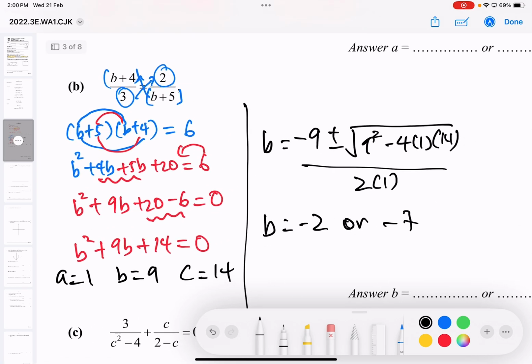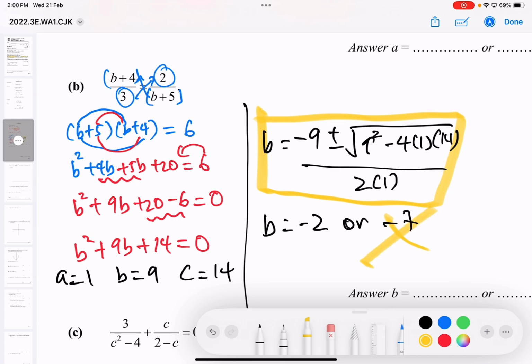So you realize that the quadratic formula is very important. In fact, you'll be using it many times in the exam. But again, I remind you, I need to see your working. No working, 0 straight away. Okay, so you must fake the working before you use the calculator method.